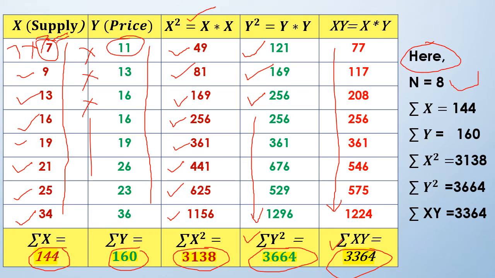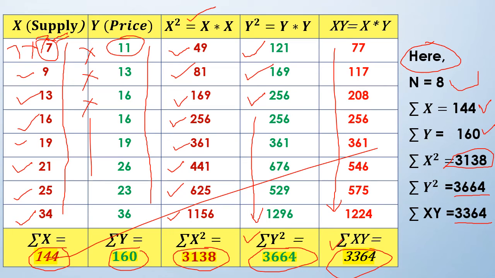Then summation x we calculated is 144, summation y is equal to 160, summation x square is 3138, summation y square is 3664, and summation xy is 3364.